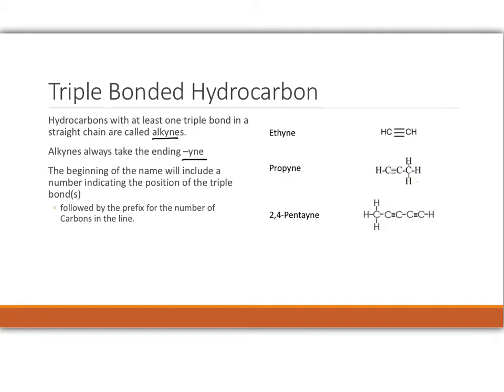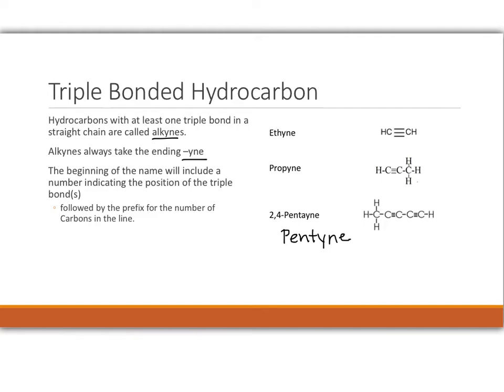And then look at the last one carefully. There are some issues with the name. I want you to see if you can spot them before I talk about it. First thing, if you're having a hard time saying this, that A is not supposed to be there. It should be pentyne. The prefix is pent, not penta. Okay?